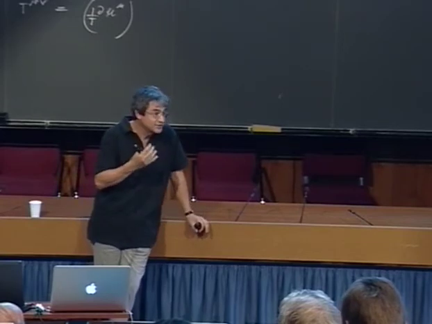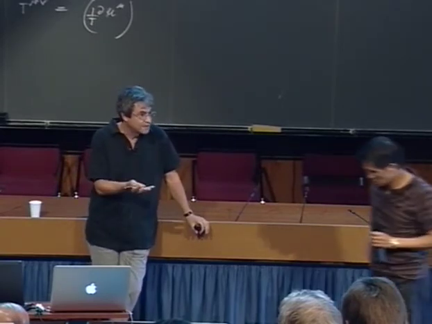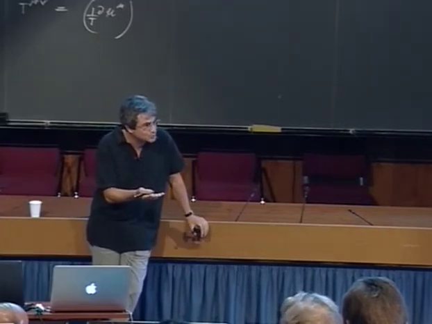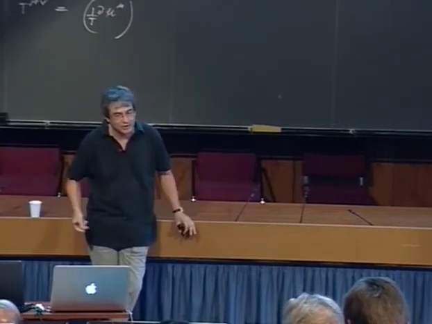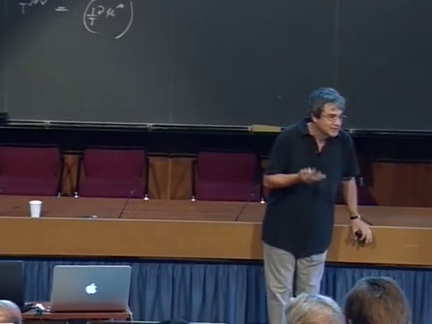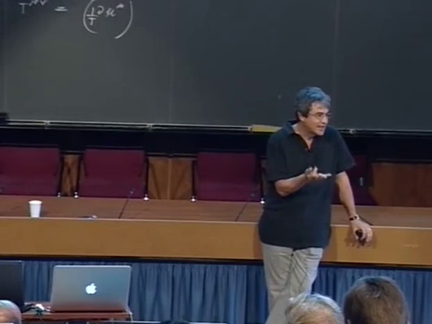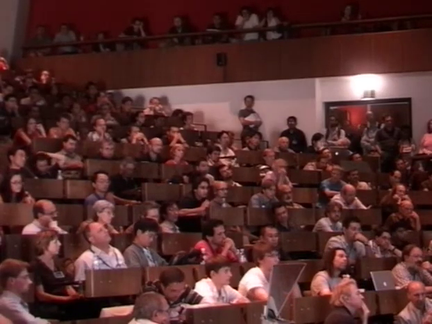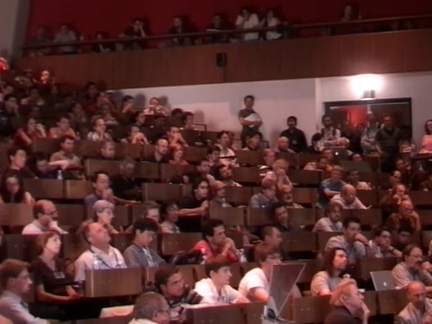And then there are theories like general relativity, which have local degrees of freedom in some appropriate sense. I mean, there are gravitational waves and so on, but nevertheless they are diffeomorphism invariant. The theory is diffeomorphism invariant, and in the classical theory, all the observables, all the things that you measure, have an interpretation as diffeomorphism invariant observables.